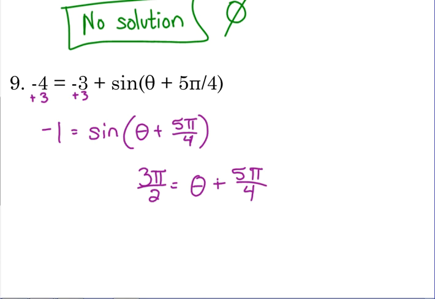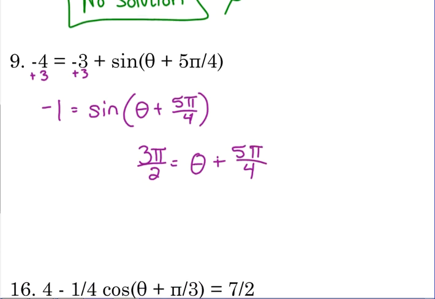We need to solve for the variable. So we've got one more step before we're actually finished. We need to subtract 5 pi over 4 from both sides. And let's see here. 3 pi over 2 is 6 pi over 4. So 6 pi over 4 minus 5 pi over 4 is just pi over 4 equals theta.